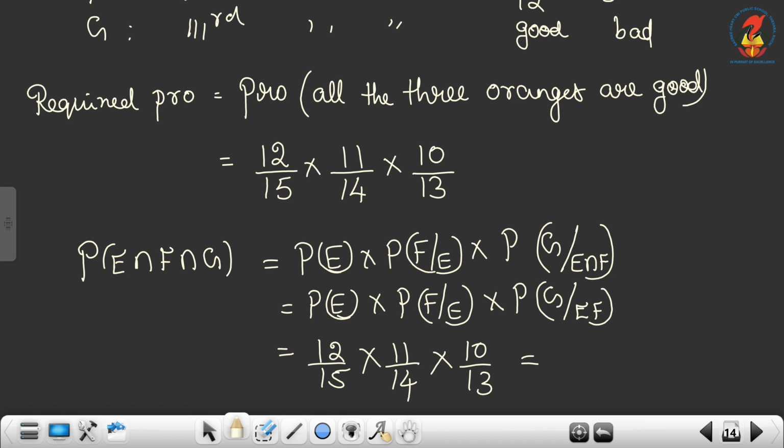Now simplify, and we get 44 by 91. That's the answer. Without using this formula also you can find it, but we have a formula like this, known as the multiplication theorem on probability.